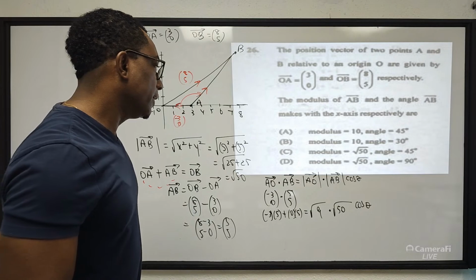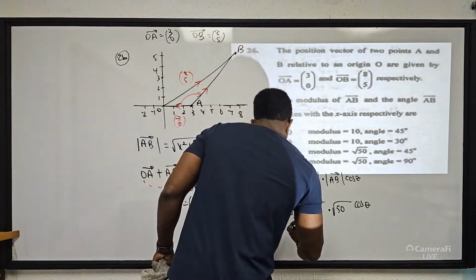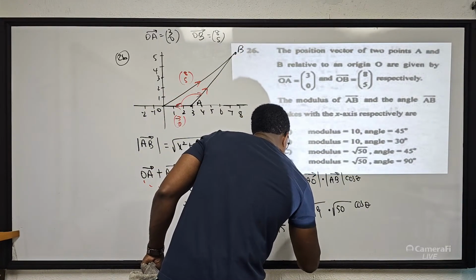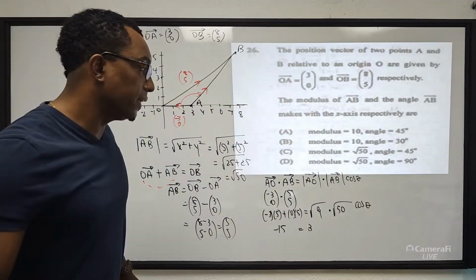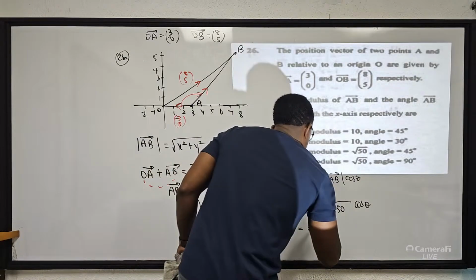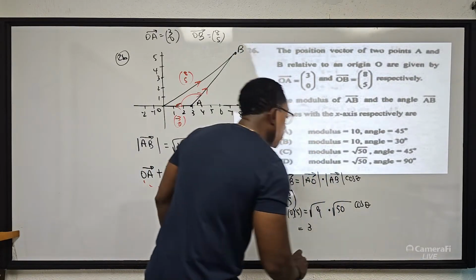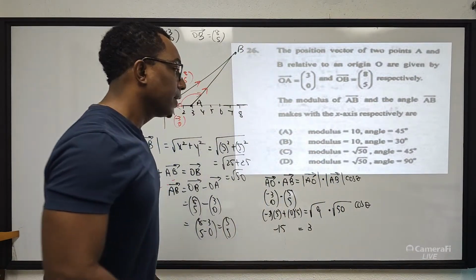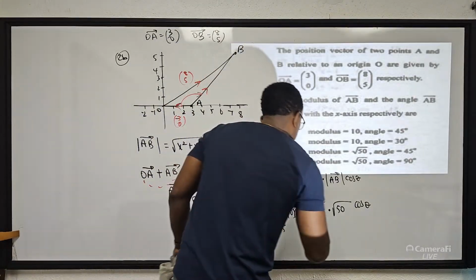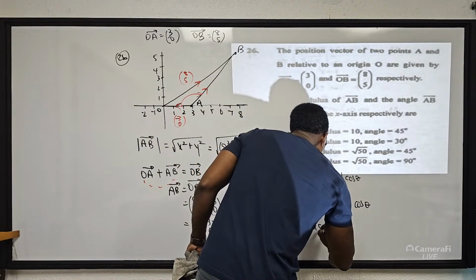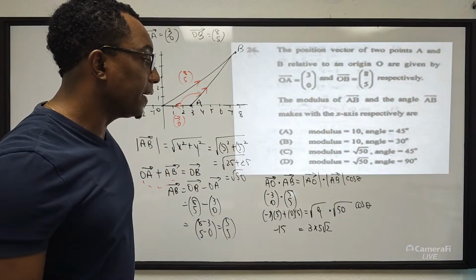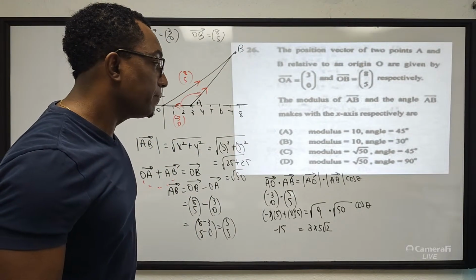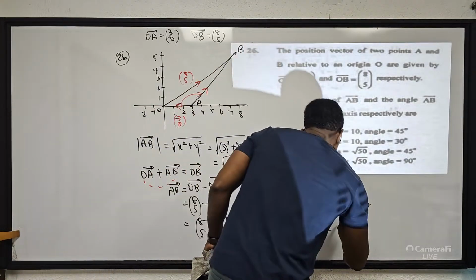So we're going to get here, this becomes negative 15 is equal to 3, the square root of 9 is 3, the square root of 50 is the same as the square root of 25 by 2, which is also 5 root 2. So the square root of 25 by 2 is the same as 5 root 2 cos theta.